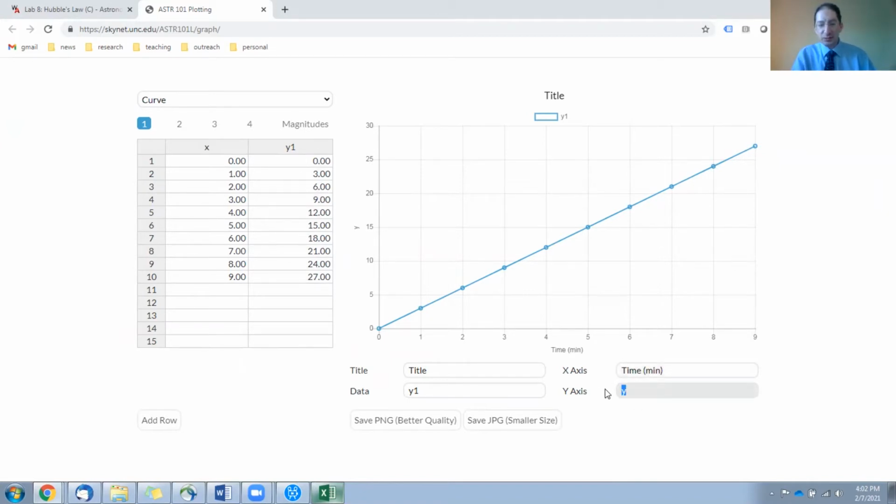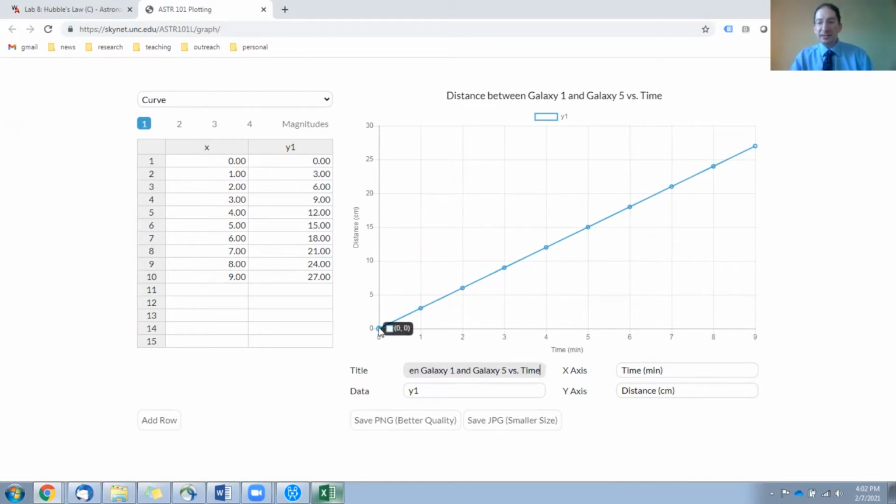The y-axis, we have distance measured in centimeters. And the title can be something like distance between galaxy 1 and galaxy 5 versus time.